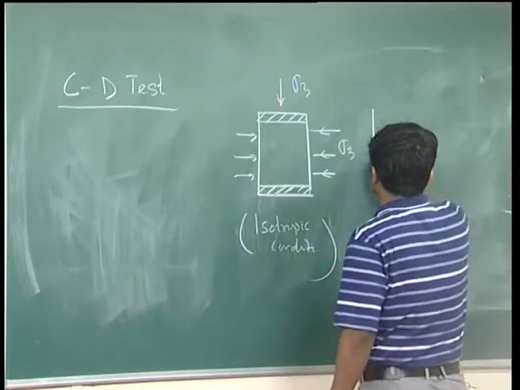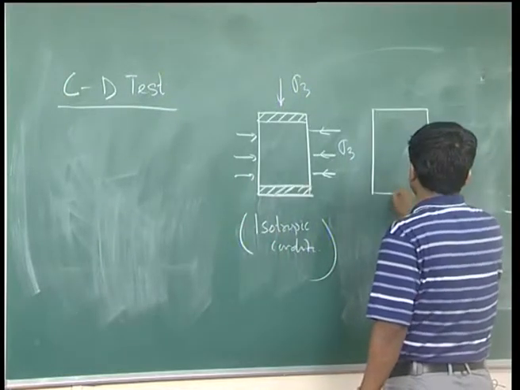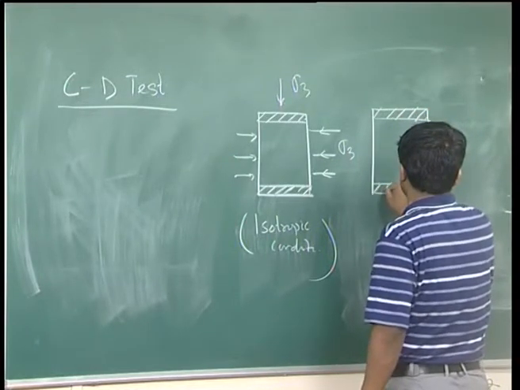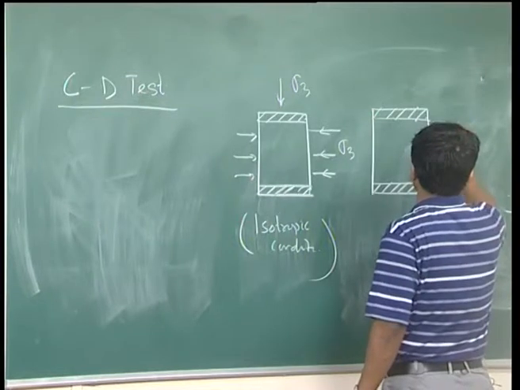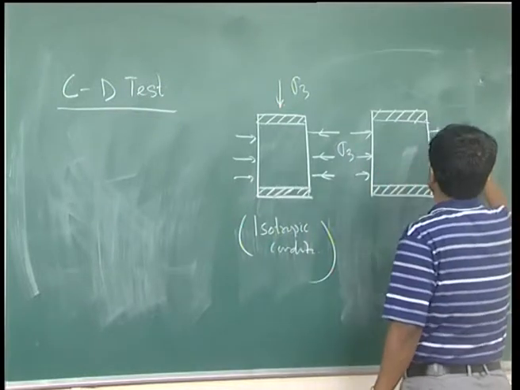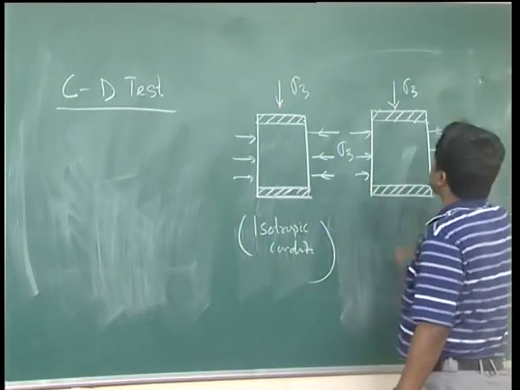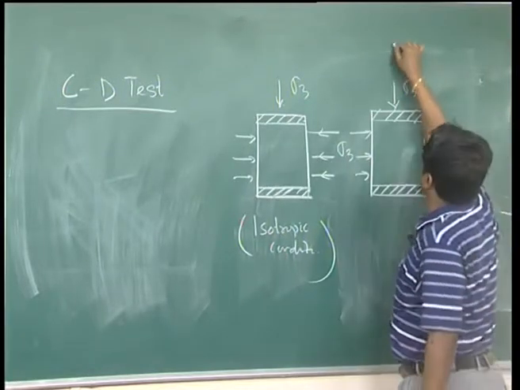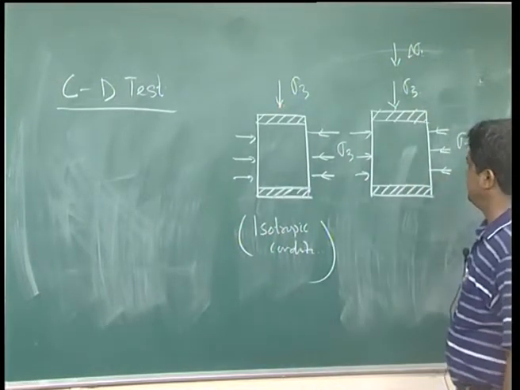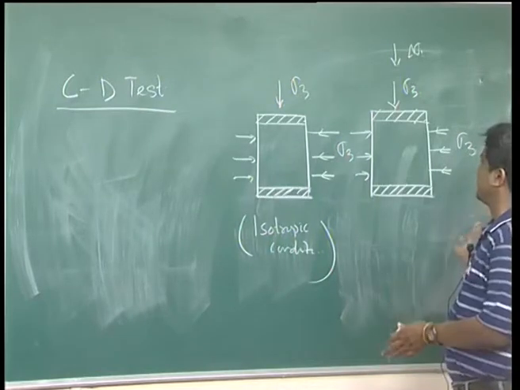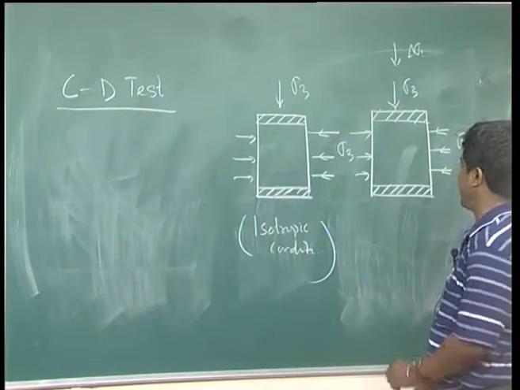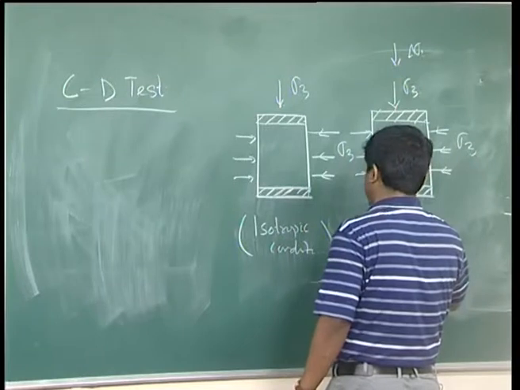But the other case is your anisotropic, where this is sigma 3 all round pressure. With this sigma 3 all round pressure, additional stress delta sigma 1 is applied, so that stress in sigma 3, stress in y or stress in x is not going to be the same. So, this is a case of anisotropic.